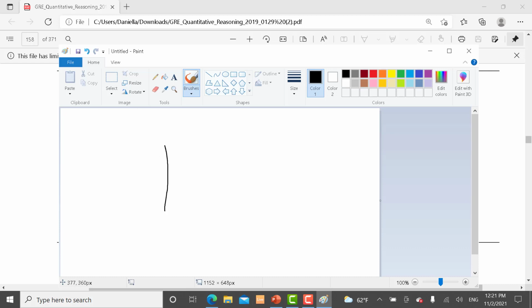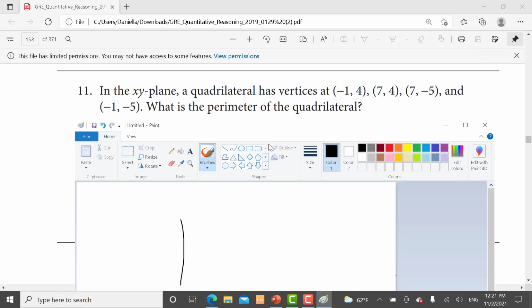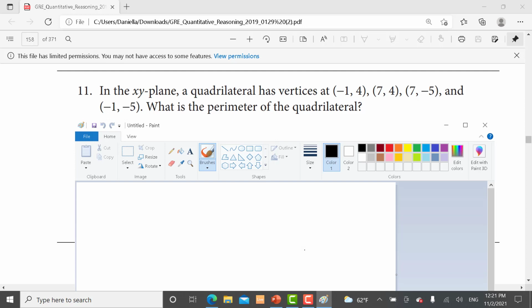First of all, I'm going to mark the XY plane. Let's say this is the XY plane.